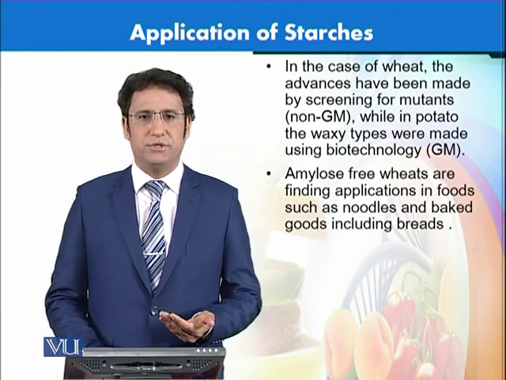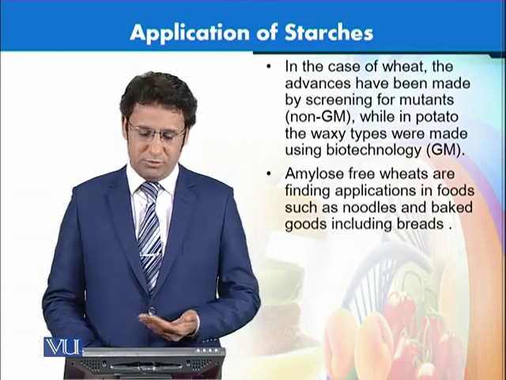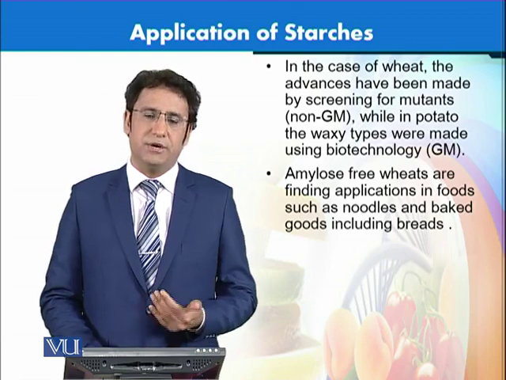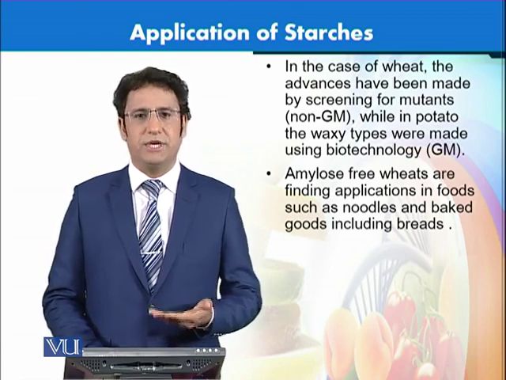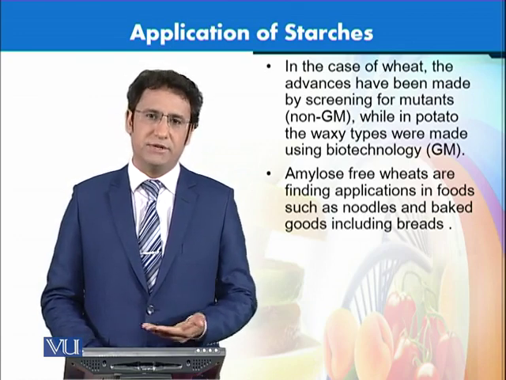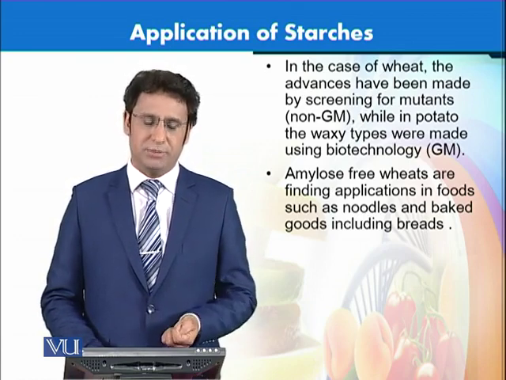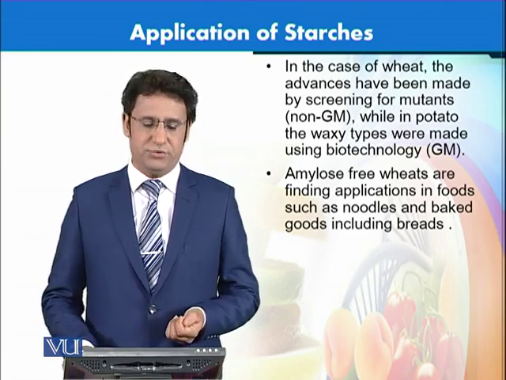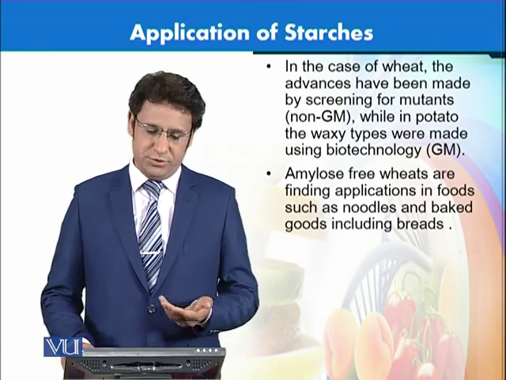It is mostly suitable for making products such as noodles or baked goods, especially breads. They would have more desirable properties, longer shelf life, and better visual appearance as well. So these applications are very common for these variants produced through biotechnology.